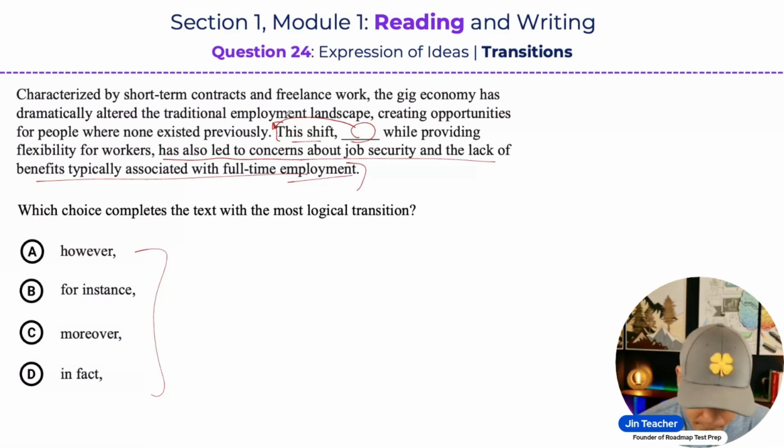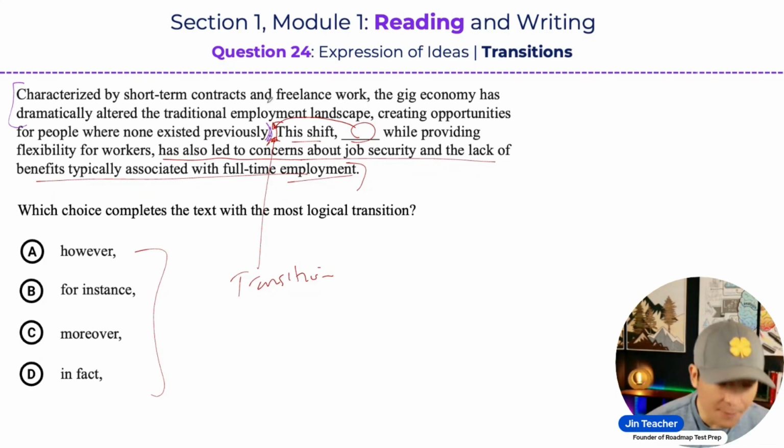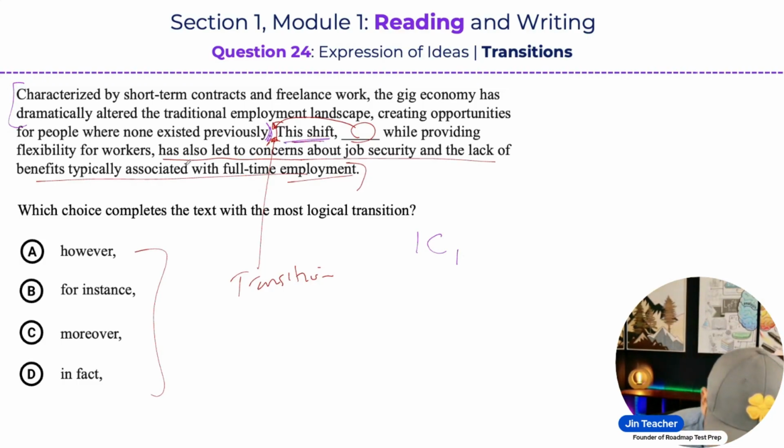Why is that important? Most students know that when the transition word is placed at the start, they have to choose a transition word that shows the relationship between the previous sentence, the one that starts with characterized and ends with previously, which is independent clause 1, and the next sentence: this shift has led to concerns about security.